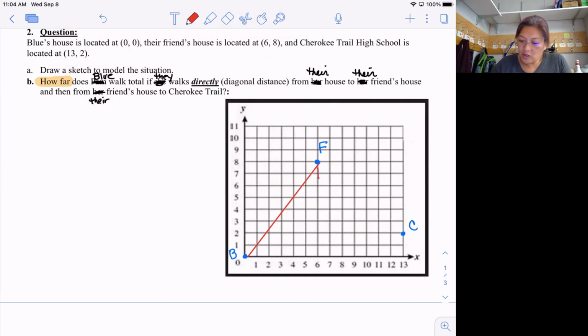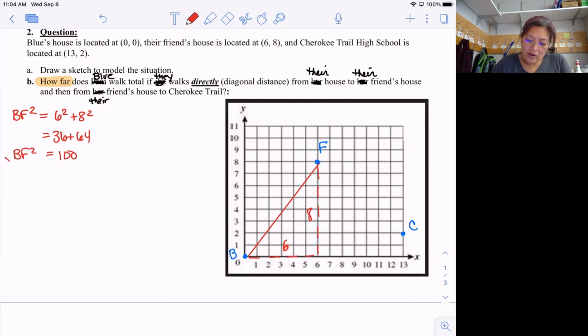We're going to drop our vertical, we're going to drop our horizontal, and we're going to identify that this distance is 8. This distance is 6. So that means now we can find BF. So BF squared, because that's the distance, is 6 squared plus 8 squared. So 36 plus 64, or 100.